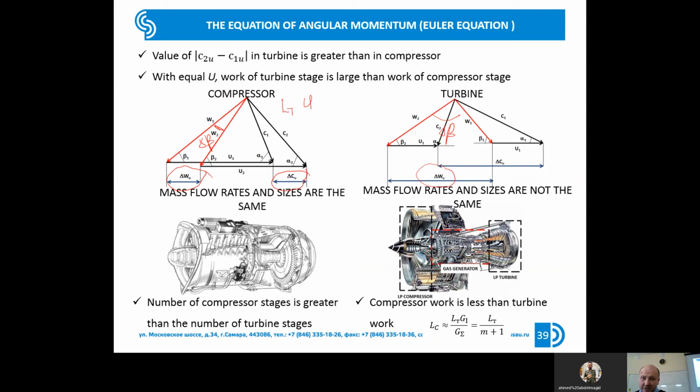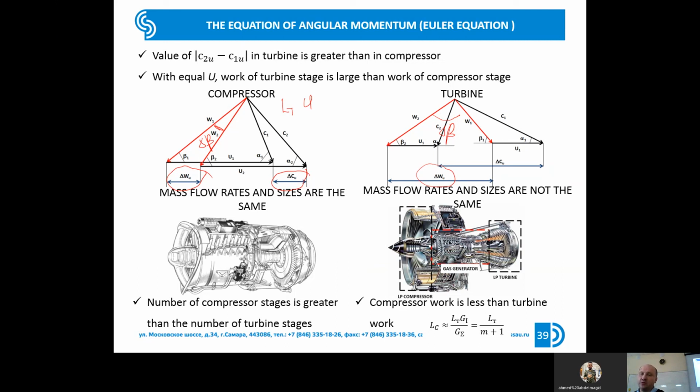For example, this is the Trent 900, I think. Maybe not clearly seen, but we have one stage of high pressure turbine which drives approximately 7 stages of the compressor. Perfect, like usual. One stage of intermediate pressure turbine drives 8 stages of compressor, like usual.